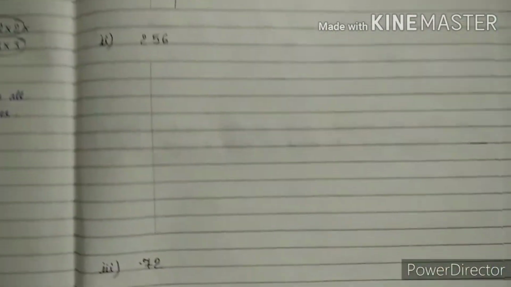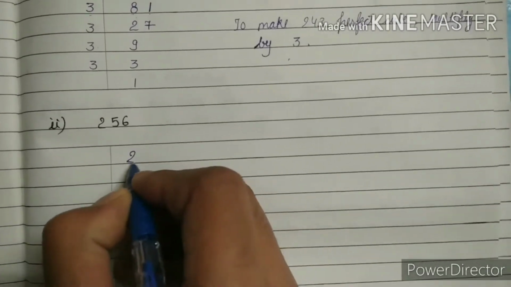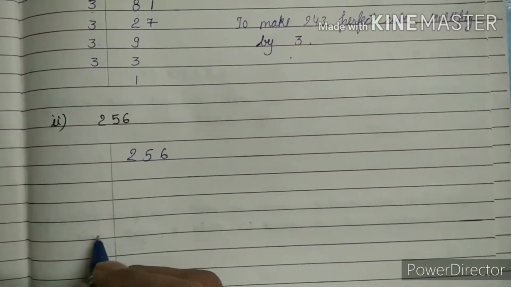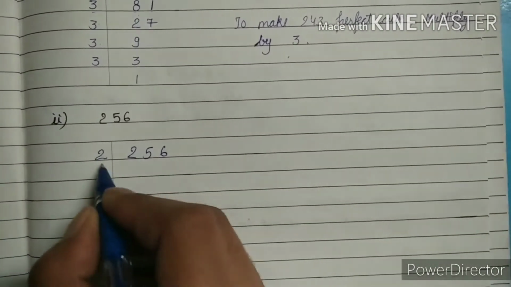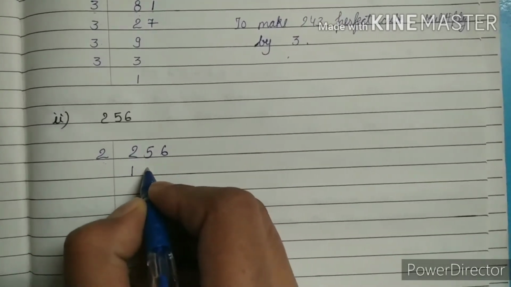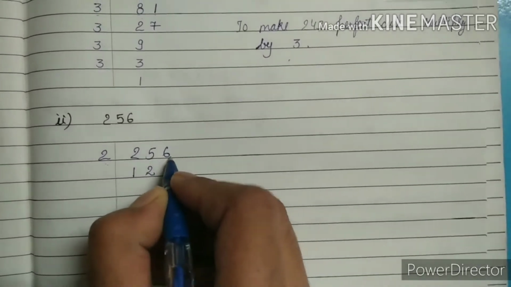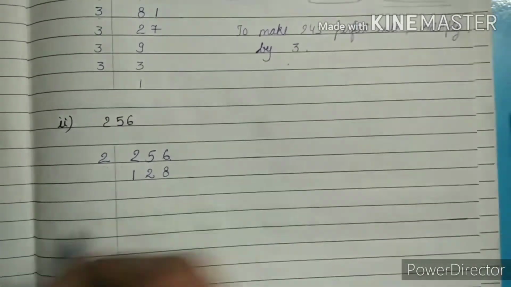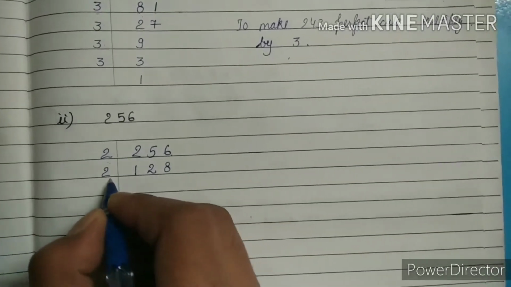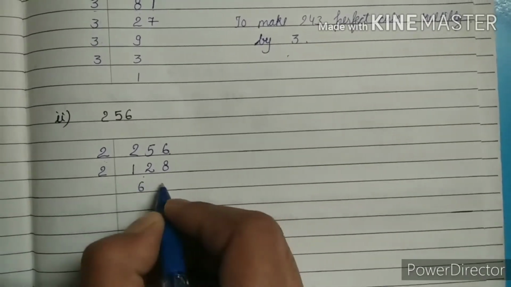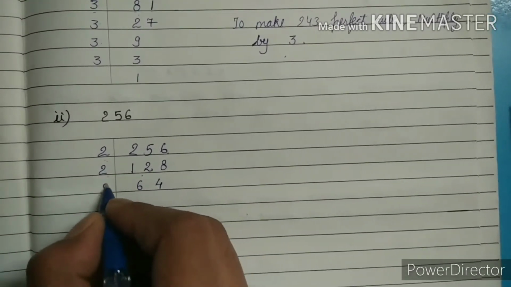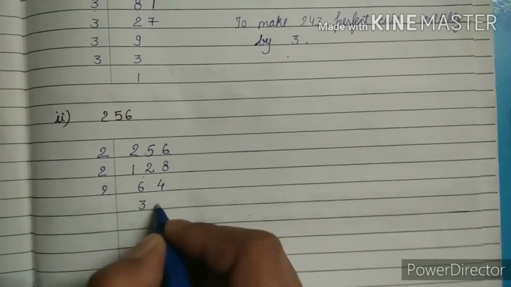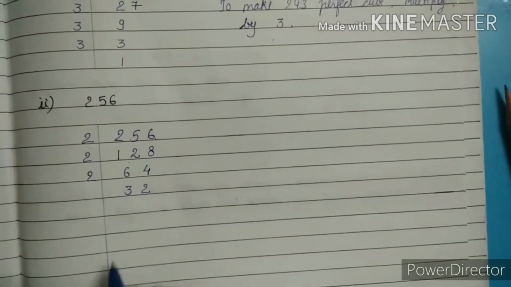Now second is 256. Same as previous, we will do 256. From the table of 2, 2 1 is 2, 2 2s are 4, and the 1 will go near the 6 and it will become 16, 2 8s are 16. Now 2 6s are 12, 2 4s are 8, 2 3s are 6, 2 2s are 4.